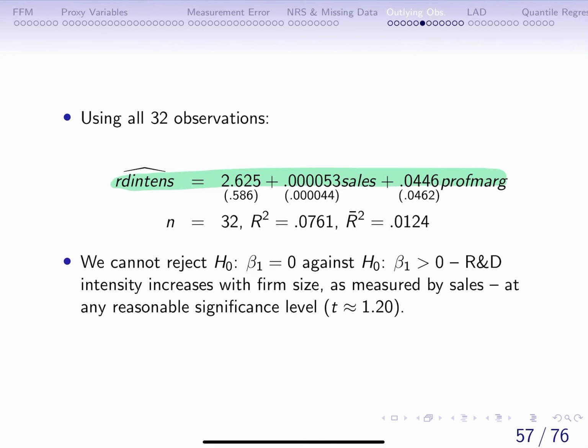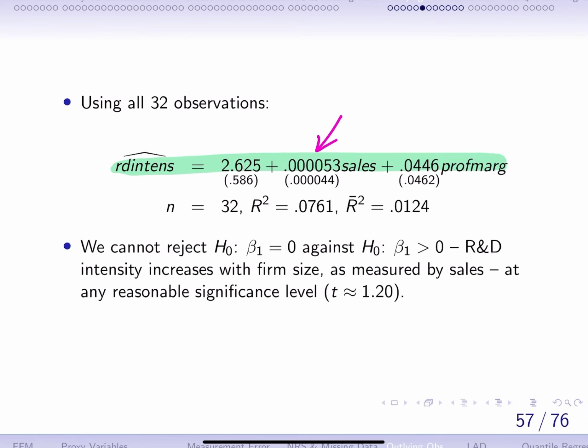Don't worry about what's significant or not at this point, but focus on the effect of sales on R&D expenditure. Look at this. This value is really, really small. So if you do a one-sided test, this is significant, but it is a value that's close to zero.